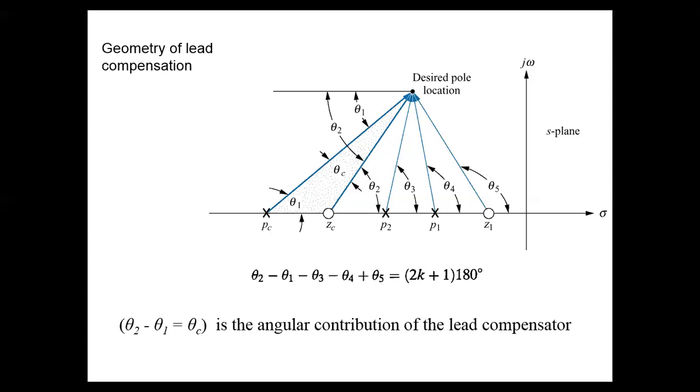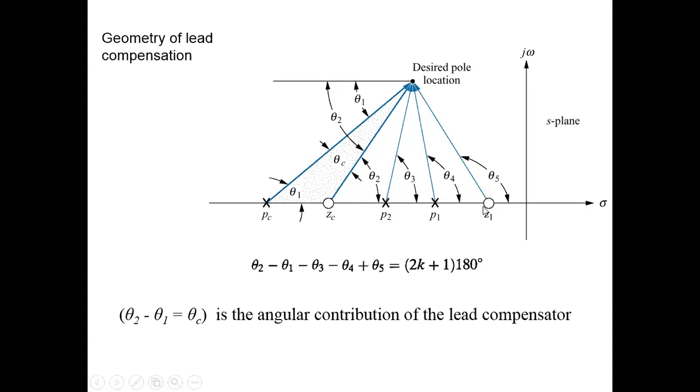For example, looking at this figure, we see that there are five angles from theta 1 to theta 5. The sum of the zeros' angles minus the sum of the poles' angles should be an odd multiple of 180.